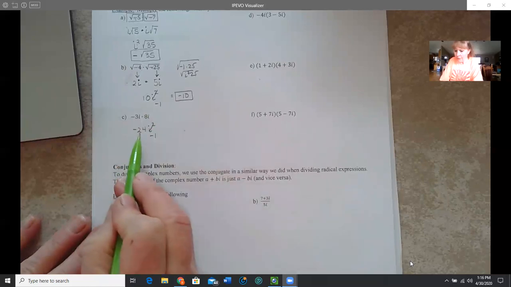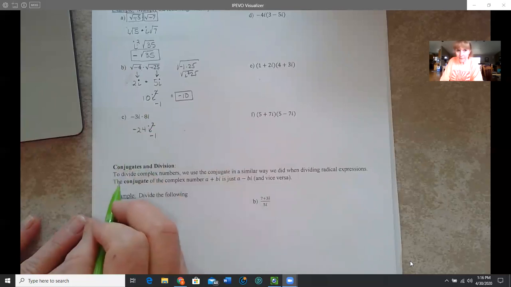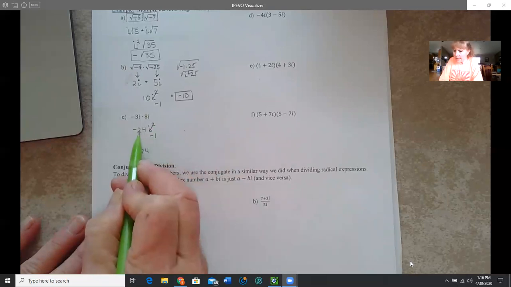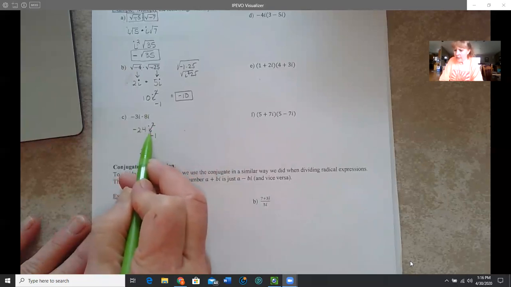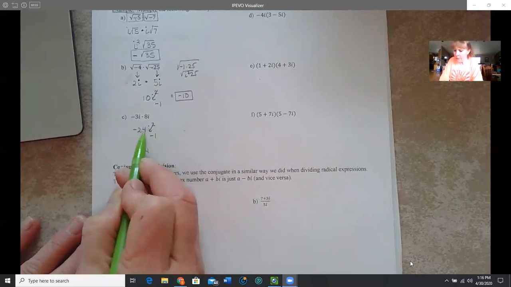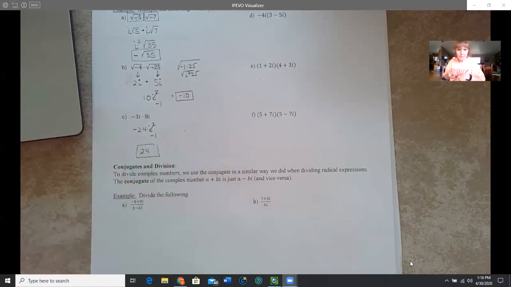So -24 times -1 is +24. Because remember, this means -24 times i squared. When they're next to each other, you multiply. So there's your answer, +24. Negative times a negative is a positive.